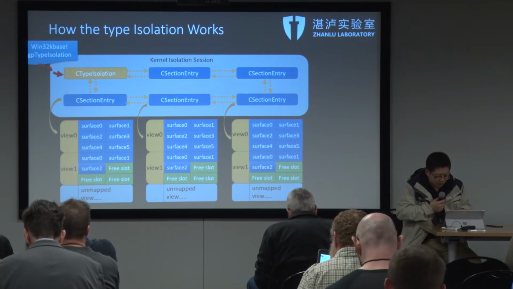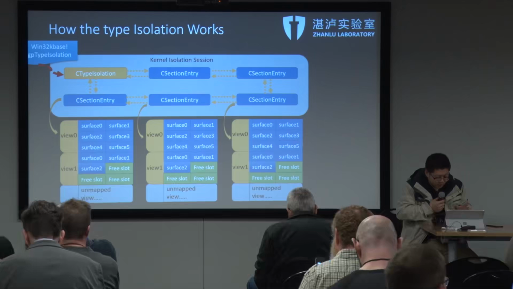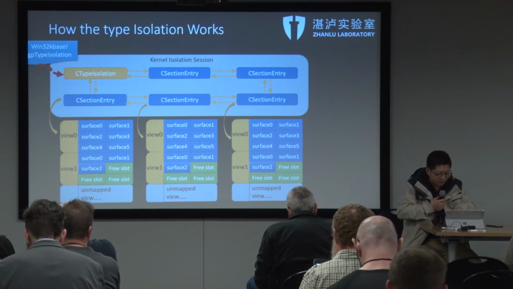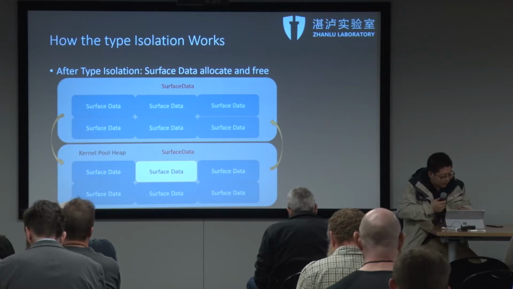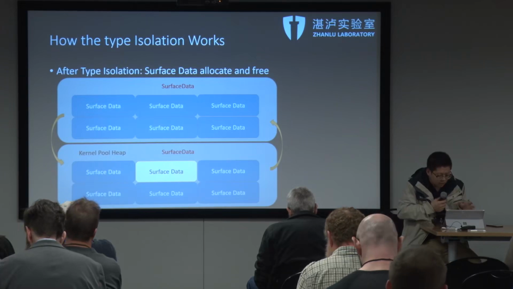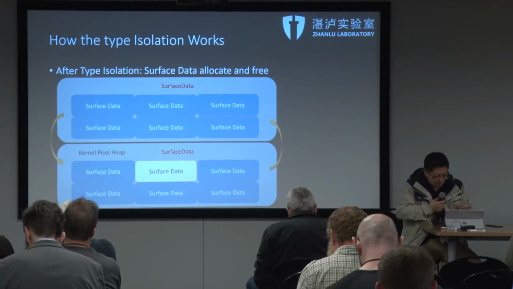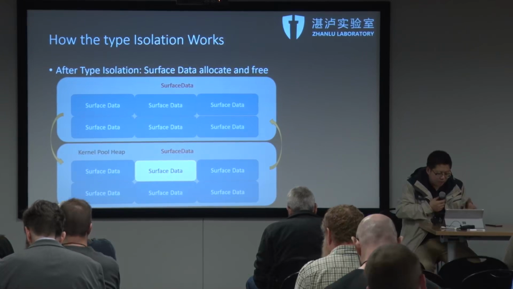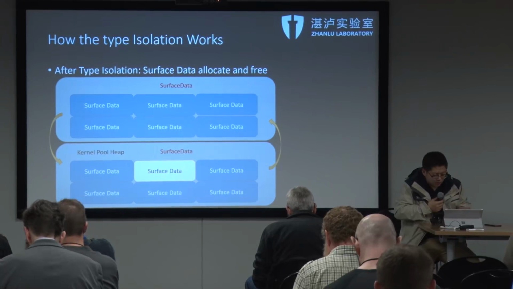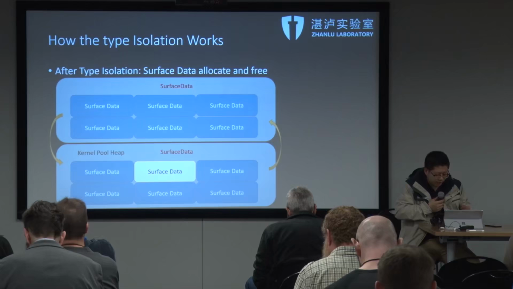On the double link, you can find the views containing the GDI object headers, as shown in this picture. After the type isolation, the surface data is located on the session pool. We can only spray the data part if we get a UAF.